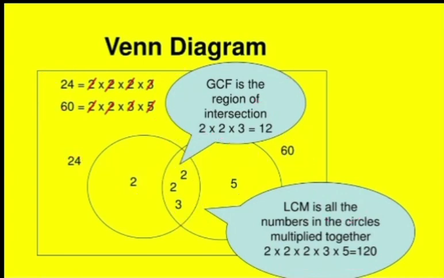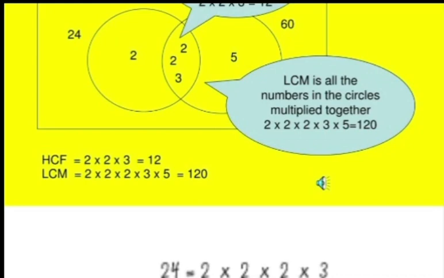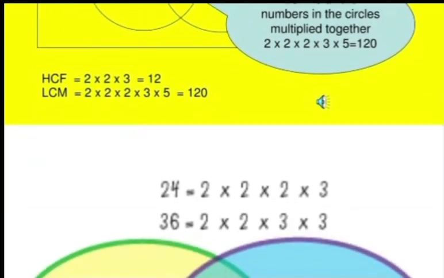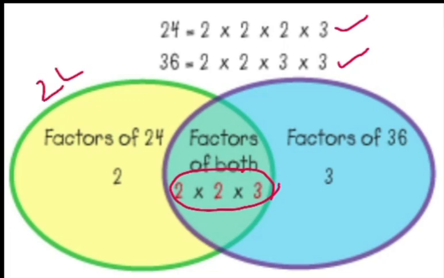Now we consider another example. We note down the prime factors for 24 and the prime factors for 36. We note down here the factors which are common to both 24 and 36.